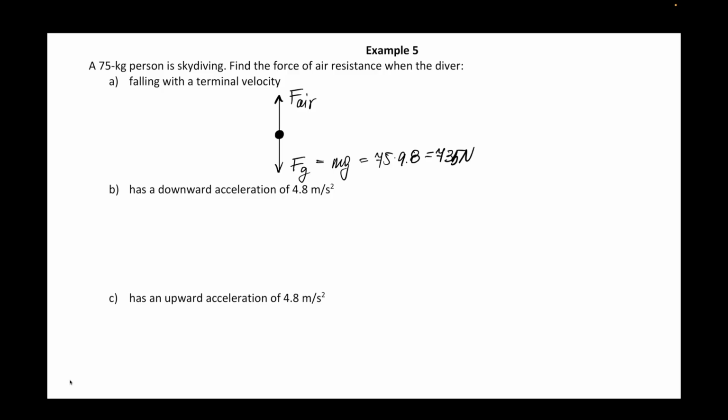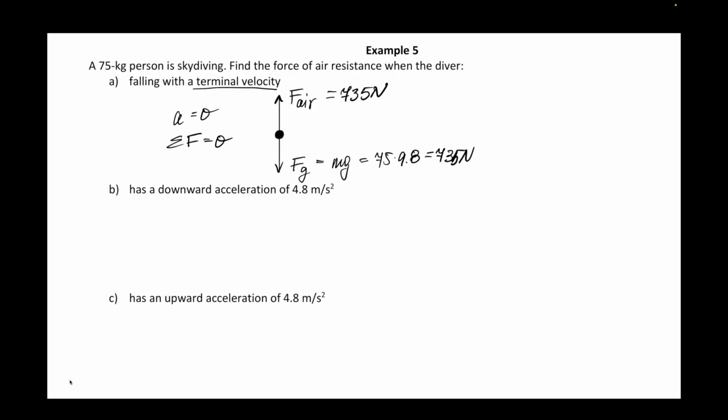Because it's falling at a terminal velocity, acceleration equals 0. That means net force equals 0, whether I go mg minus force of air, it's 0, or force of air minus mg is equal to 0. Because they are balancing each other out, that's how we know that there's no acceleration and it's terminal velocity.